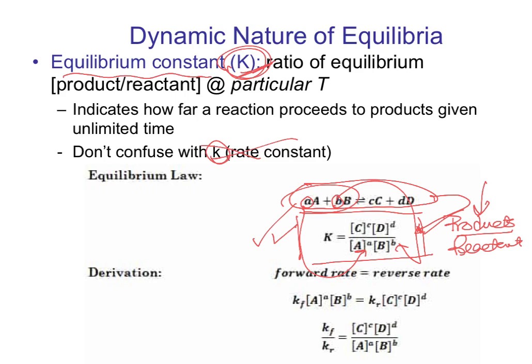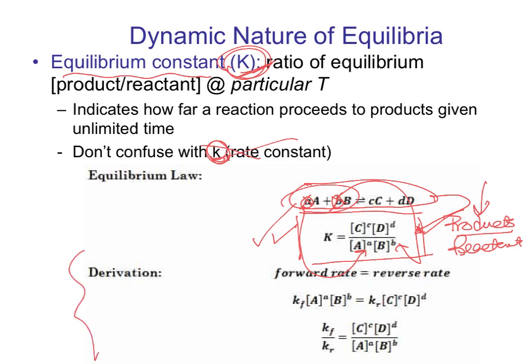When you are working with rate constants, the rate of a reaction, remember that those exponents represent the order of reaction, and the only way we can determine the order of a reaction is through experimentation. So with kinetics, you are not allowed to use these coefficients as exponents. In equilibrium, you have to, all right? So that's a really, really important distinction.